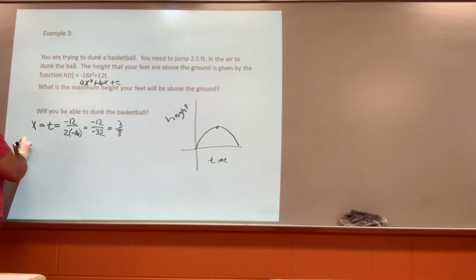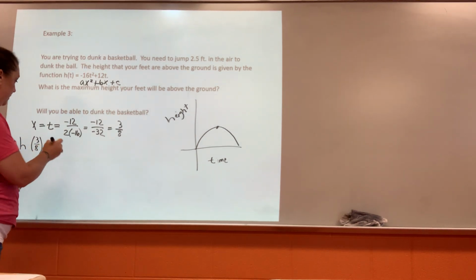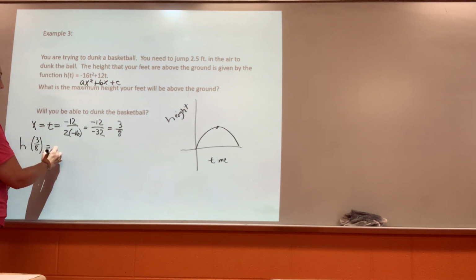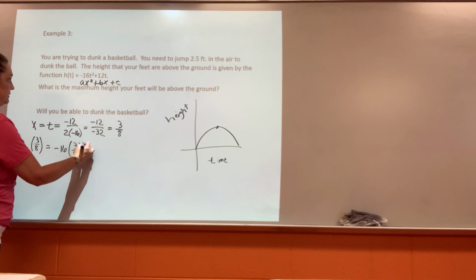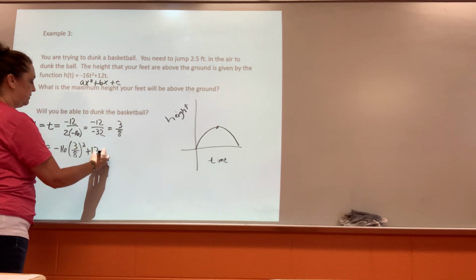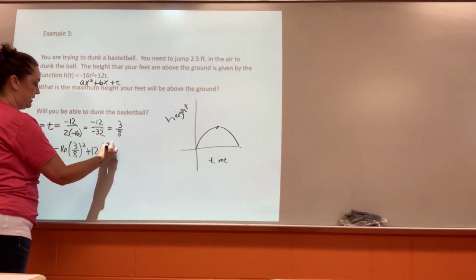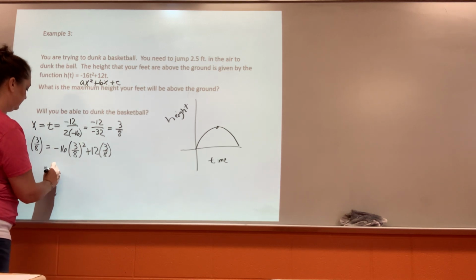So now I need to do f of x, or plug it back in. So h of 3/8. Again, feel free to use your decimal here if you want to. Negative 16 times 3 over 8 squared plus 12 times 3 over 8.